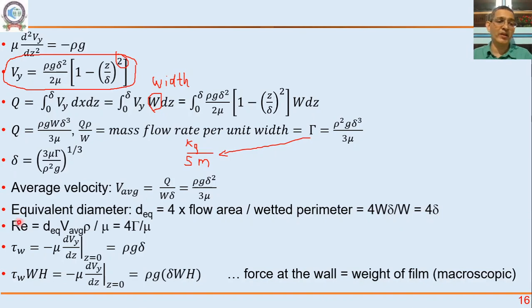If I have to define Reynolds number for this flow, Reynolds number is D V average rho by mu. Simplify, D equivalent is 4 delta. V average, we know V average. Rho, mu. Simplify, you will get it as 4 gamma by mu. Again, in heat transfer, you are going to require this 4 gamma by mu. Reynolds number is 4 gamma by mu.